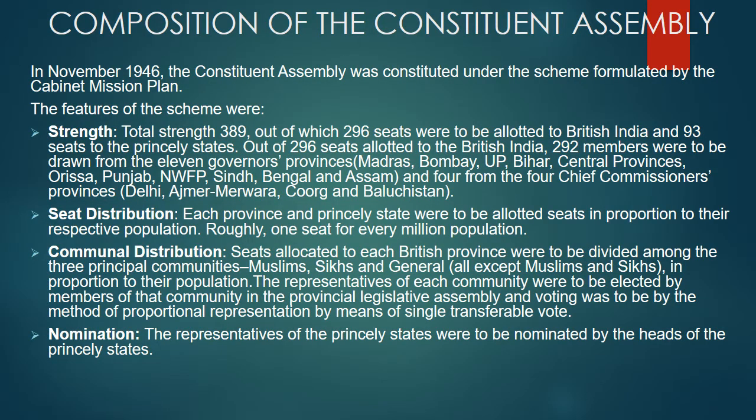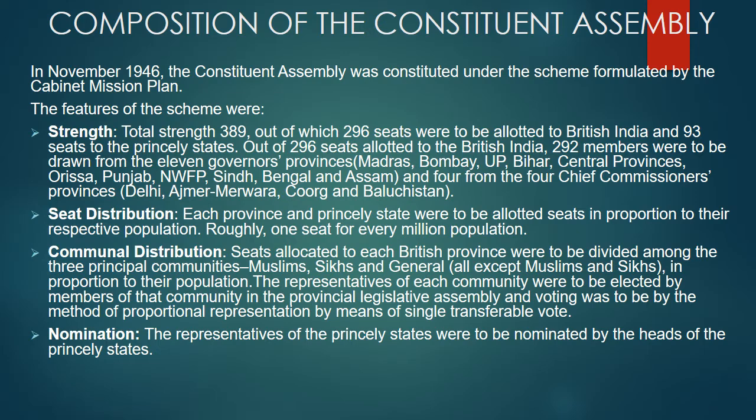Now we will discuss the composition of the Constituent Assembly. In November 1946, the Constituent Assembly was formed under the scheme formulated by the Cabinet Mission Plan, which came to India in 1946.